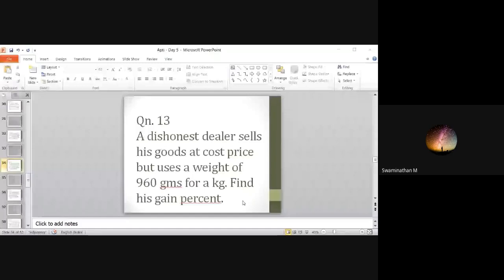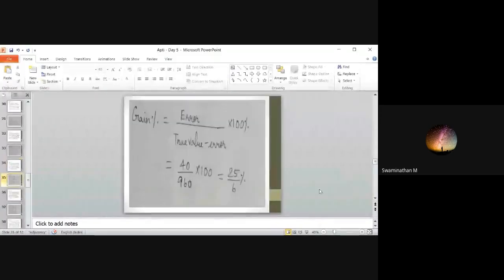By 960 grams. 4.16. Okay, I'll see the answer. 25 by 6. Check after converting this into decimal.